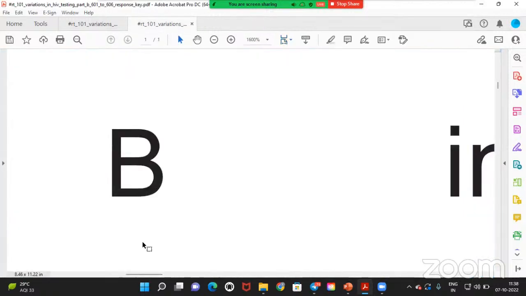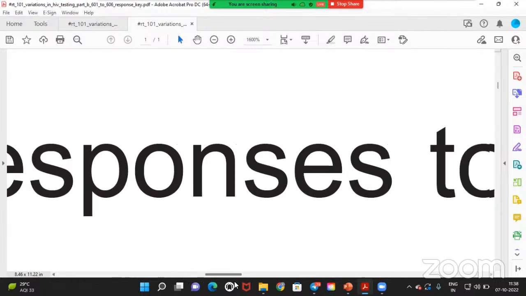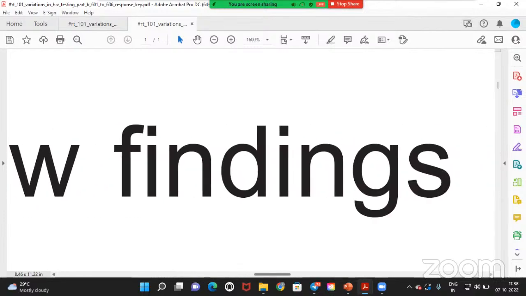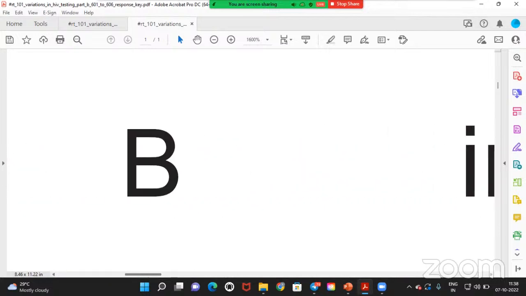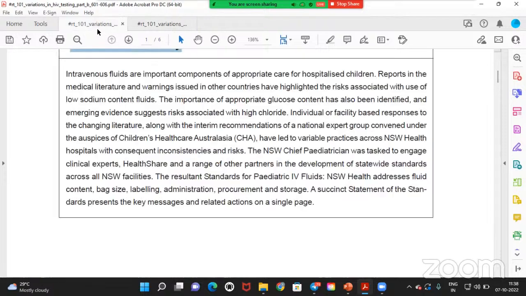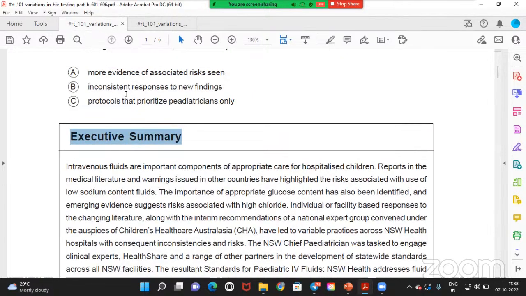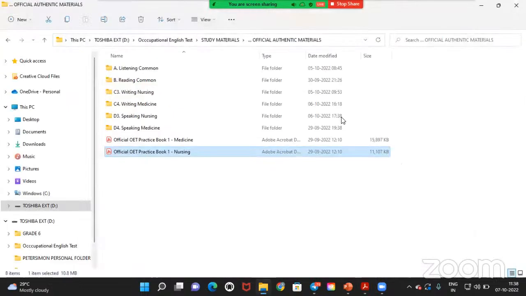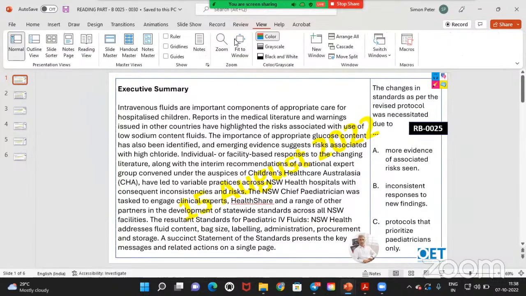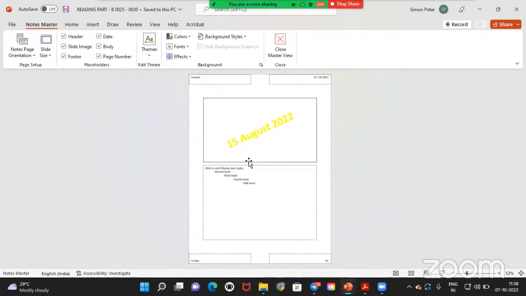Okay, so it is B, inconsistent responses to new findings. The first answer is B. Okay, the first answer is B, inconsistent response to new findings. So now let us see how this answer is going to be right. View and master, notes master.